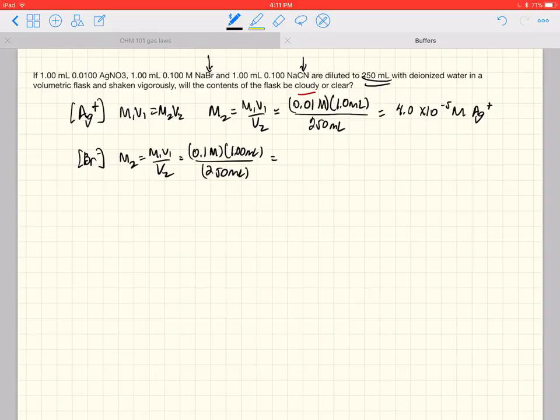That's going to be equal to 4 times 10 to the minus 4 molar. Now for cyanide, the concentration and the volume are exactly the same as sodium bromide.